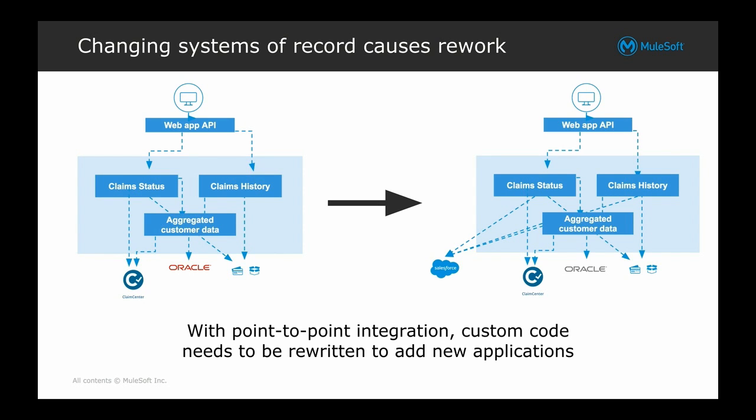And the end result of that is that it actually constrains your agility. Because if you're looking down the barrel of all this rework each time you want to change a system of record, then you're going to be much less likely to do so, even when it's in the best interest of the business.